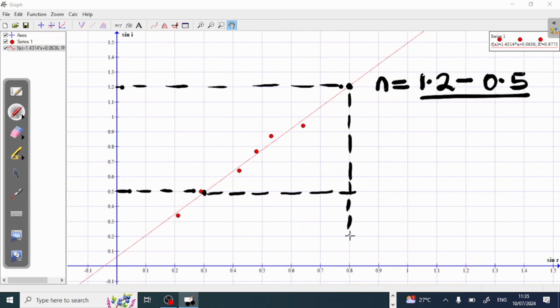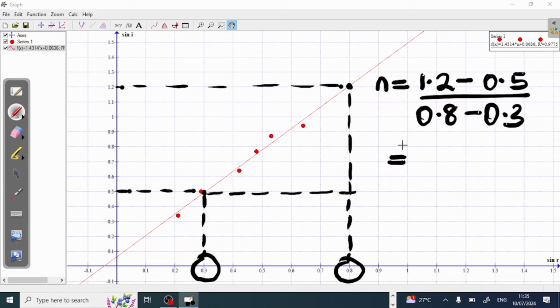Trace this down. It's about 0.8 here. So 0.8 minus sine r1 from this point here. Trace this one downwards like this, and I'm having here about 0.3. So I'll just get my calculator and punch this.